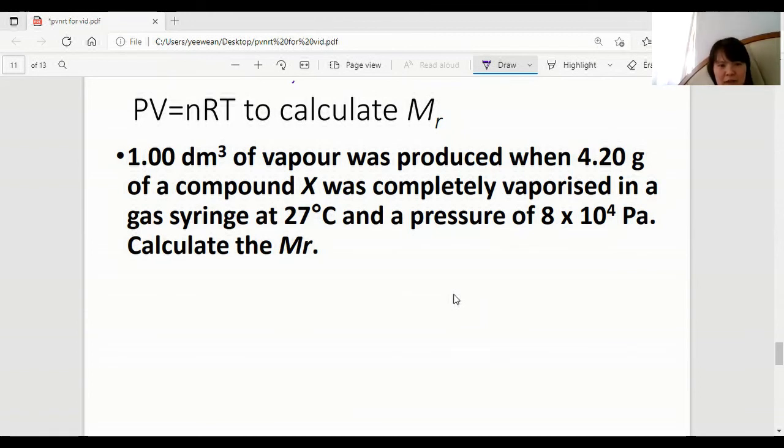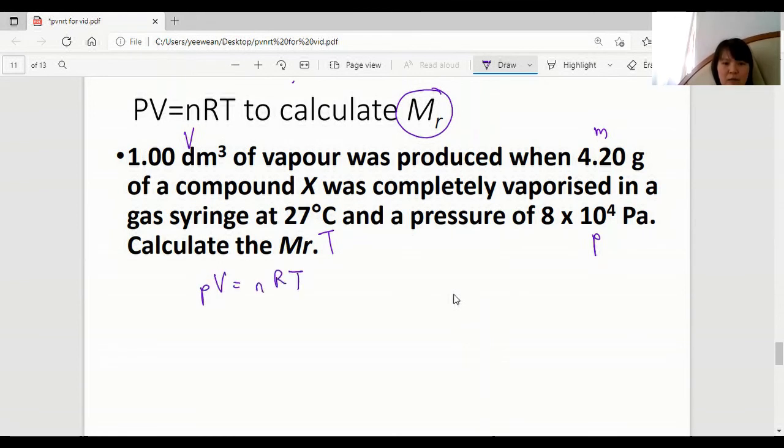Okay, what information did they give us? They give us the V. M, oops, M was not in our PV equals nRT. There is the T, but we need to convert that. And there's the P. So we want to calculate the MR. PV equals nRT.